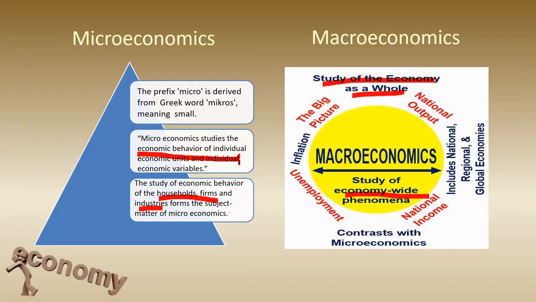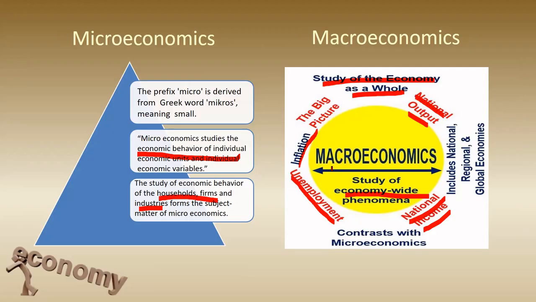Microeconomics studies individual units, whereas macroeconomics studies the economy as a whole, and it finds solutions for problems such as how we can enhance national output and national income, what the problems related to unemployment are, how we can increase employment opportunities, and why the problem of inflation is occurring in the economy and how we can solve it.